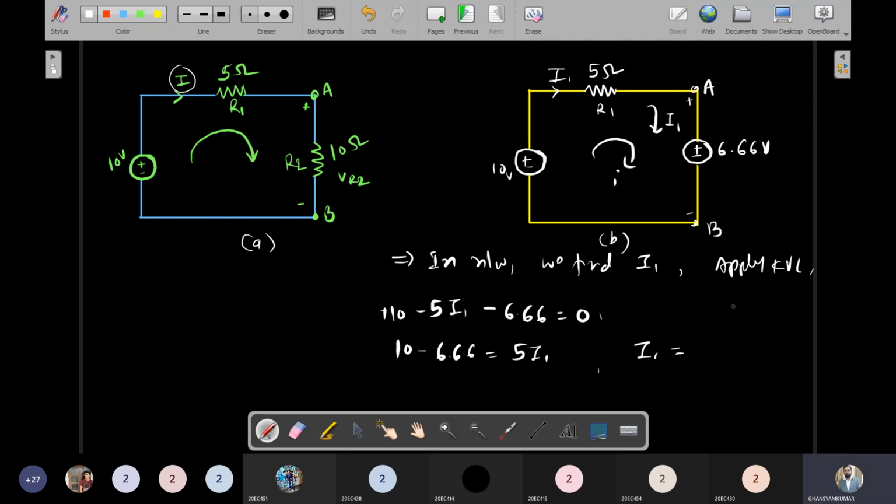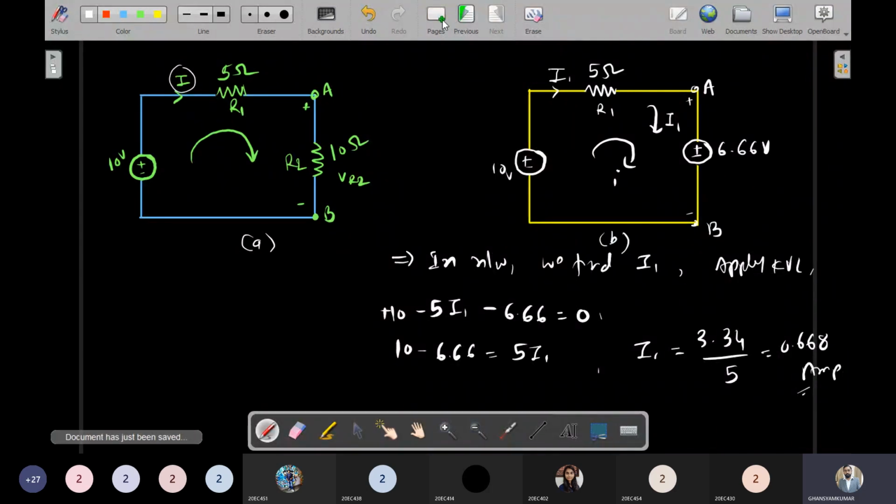Simplify this and tell me the answer. What are you getting? 0.668. So 0.668 ampere, correct?